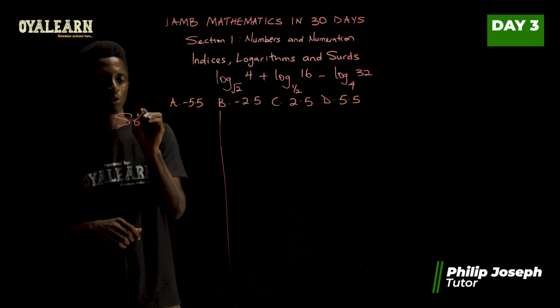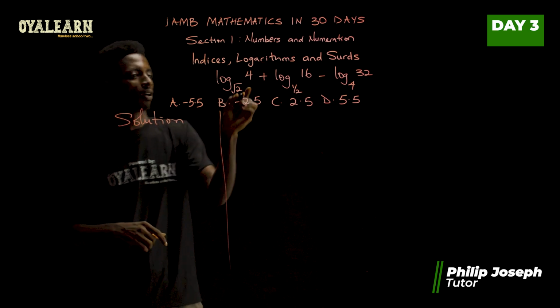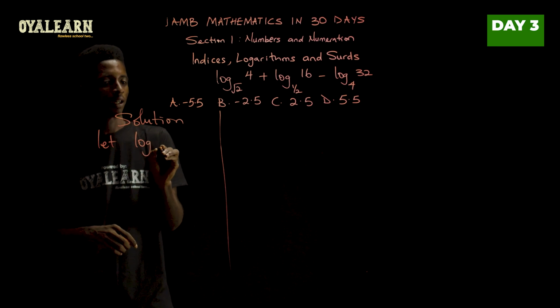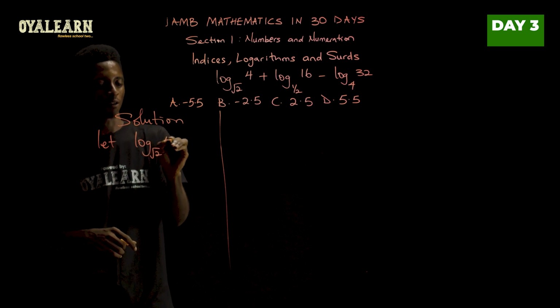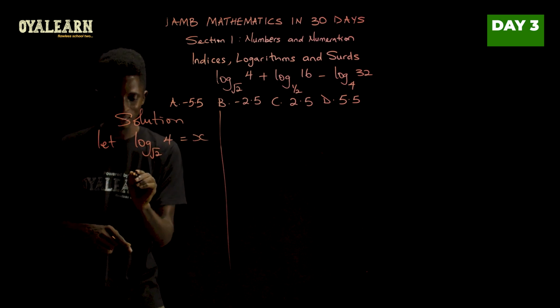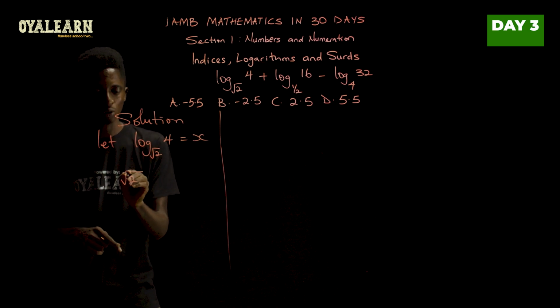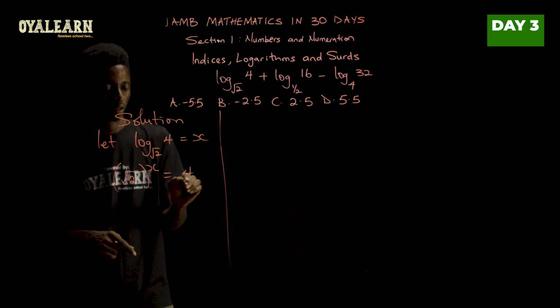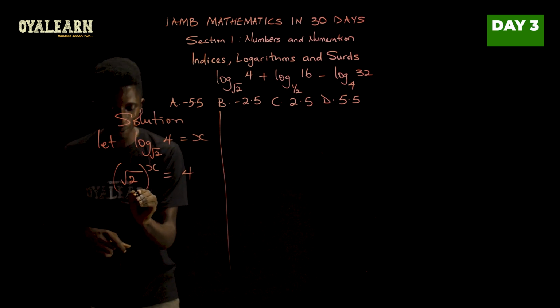So, solution. First we say let log base surd 2 of 4 equal x. Now what this means is that surd 2 to the power of x is 4. Now square both sides.